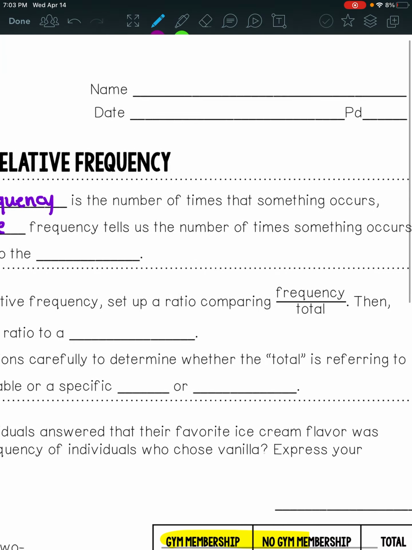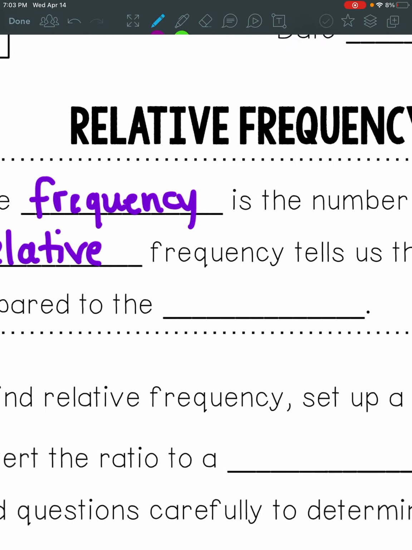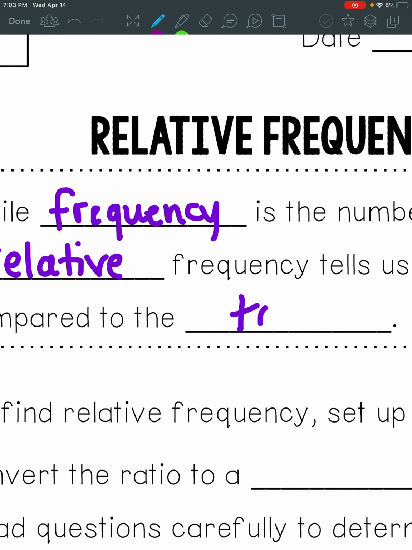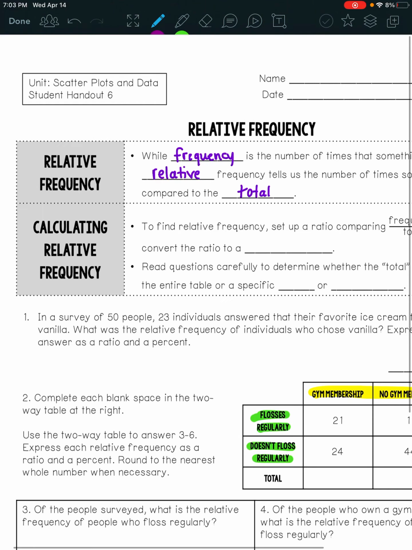This is going to tell us the number of times something occurs, and then we're going to be relating it to the total. And in a two-way table, there's multiple totals. We could be relating it to the overall total. We could be relating it to just the total in that category. And that's where the importance of reading the instructions comes in handy.